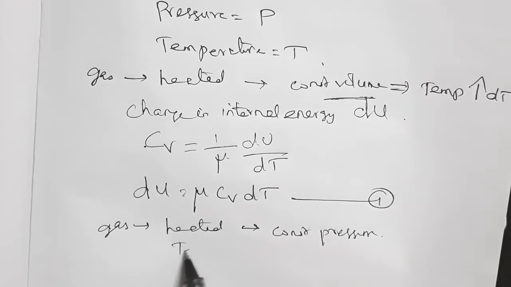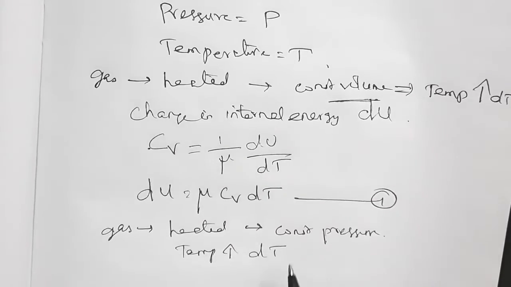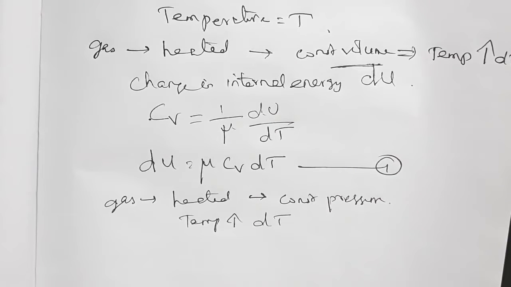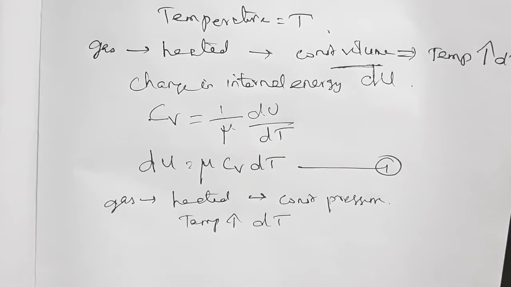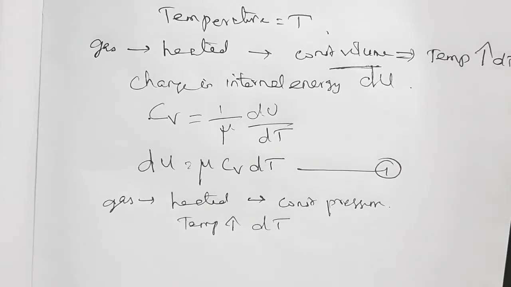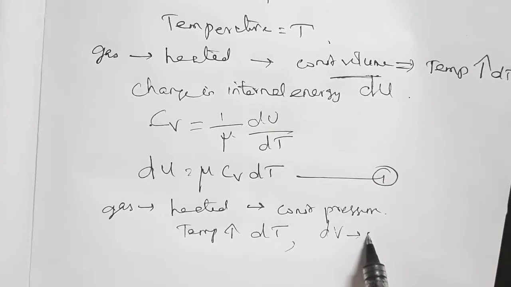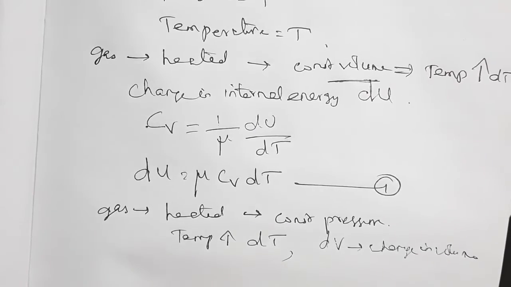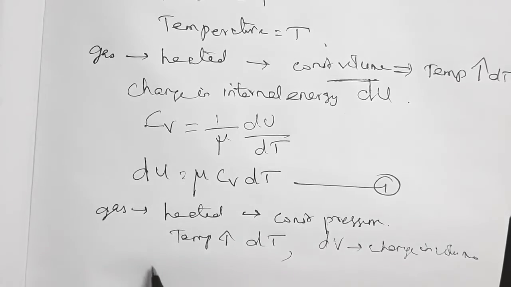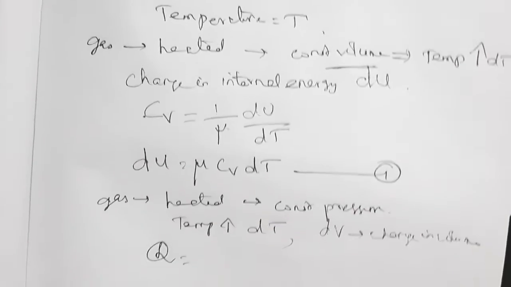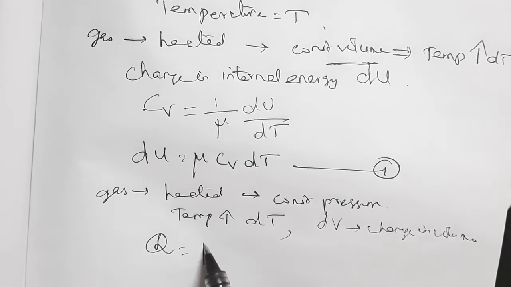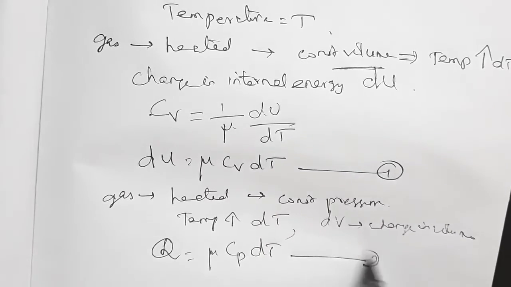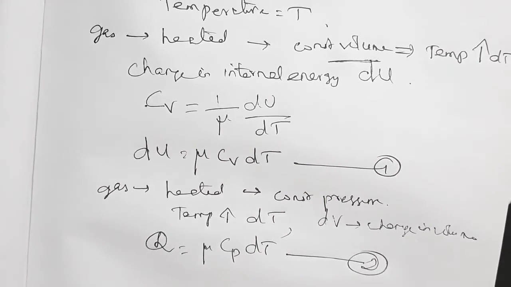Here Q is the heat supplied in this process, and the change in volume we can consider as dV. For this we can write the formula for Q, the heat supplied to the system. This also we have done previously. Q is equal to mu into, instead of CV, Cp dT. So this is equation number 2. Clear?